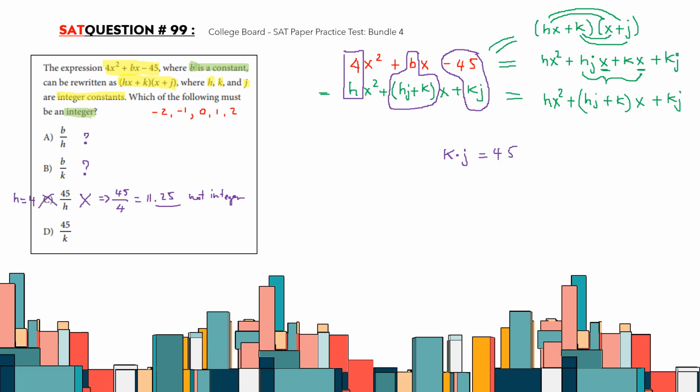Ignore the sign. So k will be 45 divided by j, and j is 45 divided by k. For this one we divide both sides by j, and for this one we divide both sides by k.